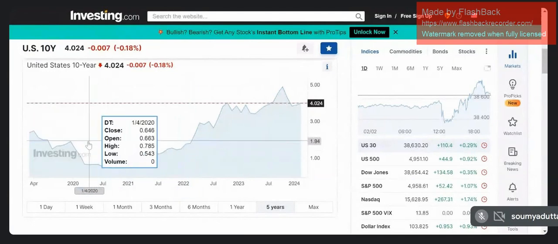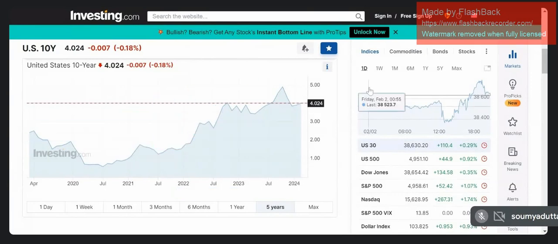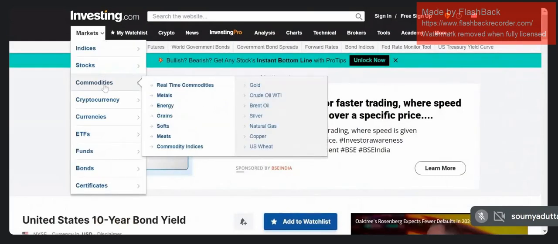Before this, in 2020 to 2021, people were saying that commodity is in a super cycle. So this is a super commodity cycle which will run for 10 years. Then I said nothing will happen. Next year, the Fed will start raising bond yields and all the commodity prices will start crashing. And what happened? I'll show you commodities.